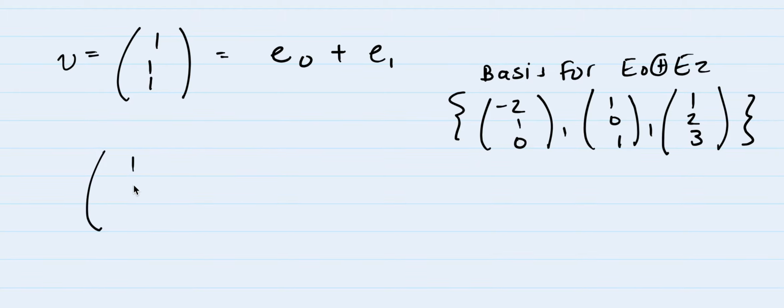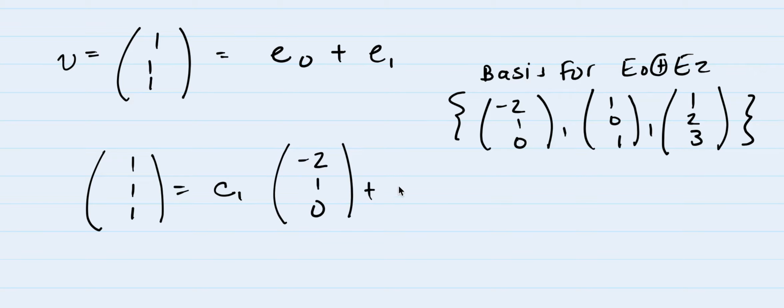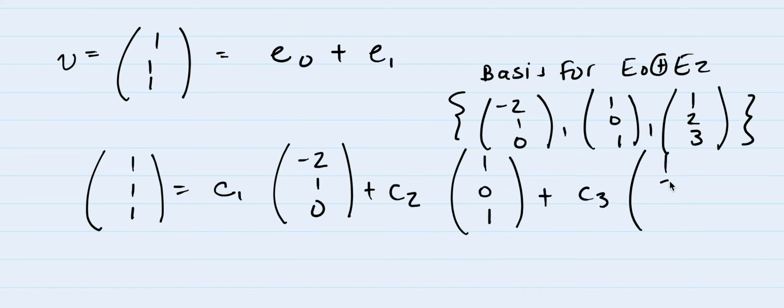So I want to find the C1, the C2, and the C3 where we can get this 1, 1, 1. So what number do I have to multiply this vector by, and this one, and this one, to get this particular vector?